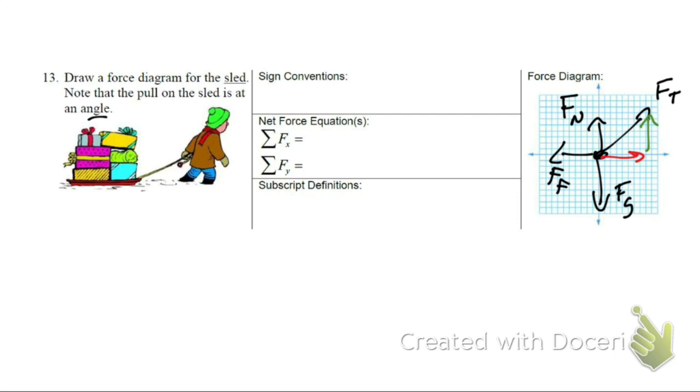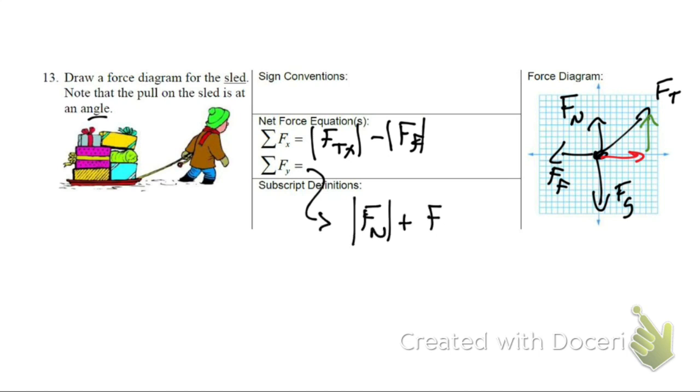In the x dimension, we're going to have the force of tension in the x dimension, then minus the force of friction. And in the y dimension, we've got three things. We've got the force of normal, plus the force of tension in the y dimension, because they both go up, and I subtract the force of gravity.